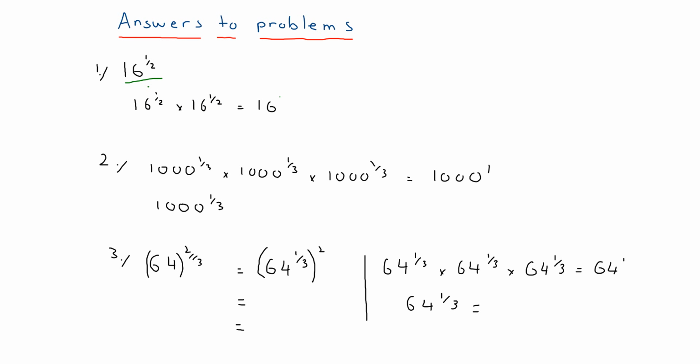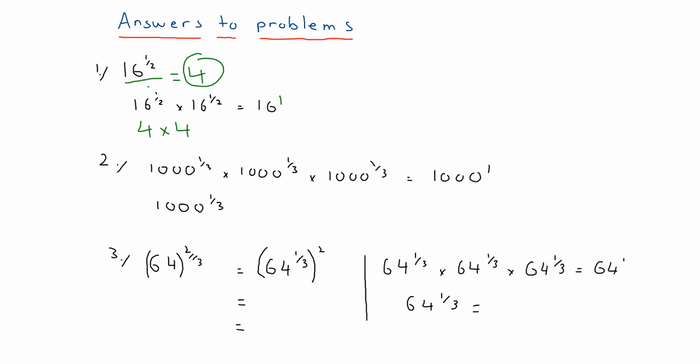If you did your homework last time, you know I just add those two powers together. So I have 16 to the half, timesing it by itself. What do I times by itself to get 16? I times 4 by 4 to get 16. So 16 to the power of a half must equal 4.